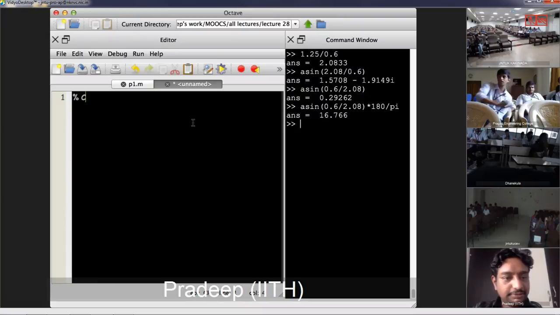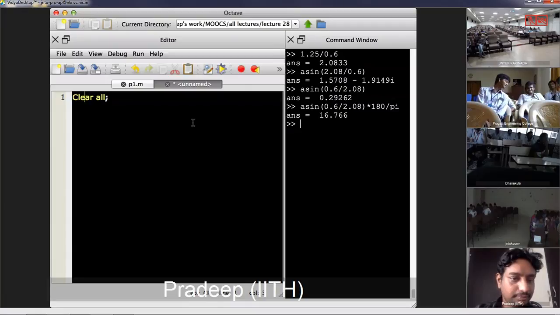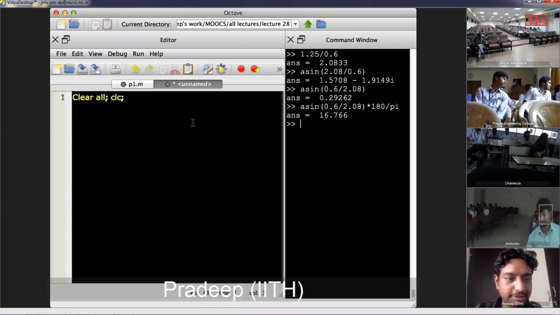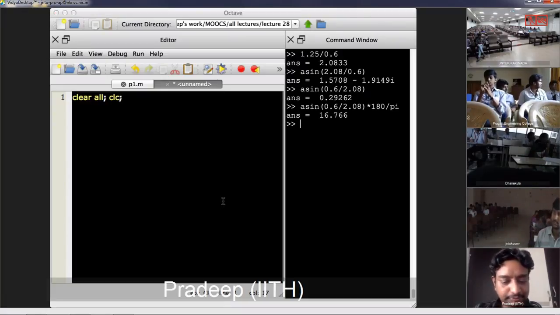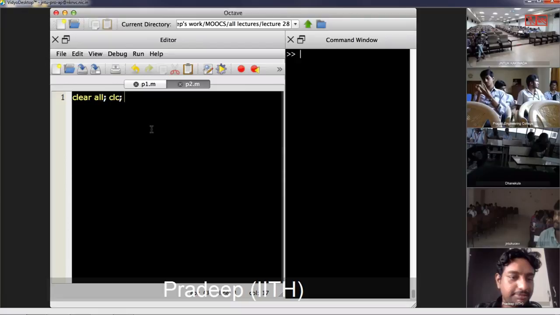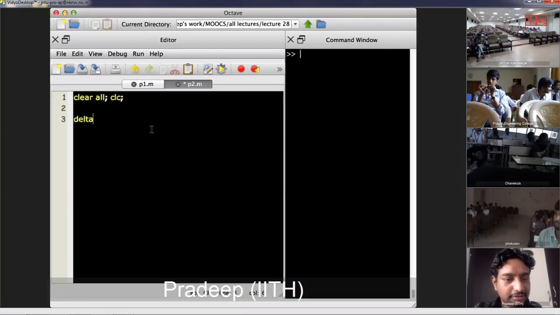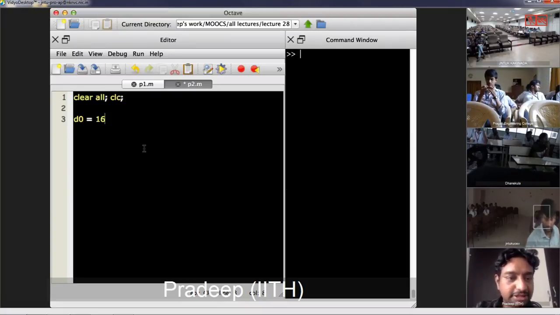Here I'm just clearing all the variables. Here I'll write a simple program. The program is like this. What is D0? D0 I got 16.76 degrees.